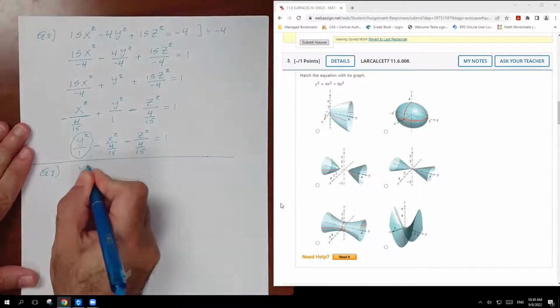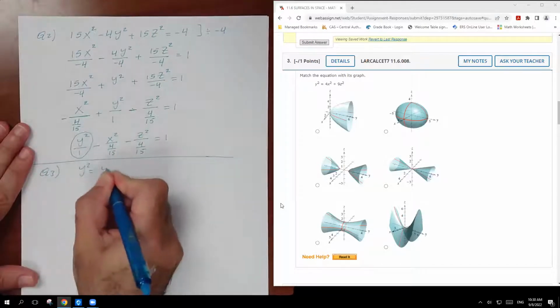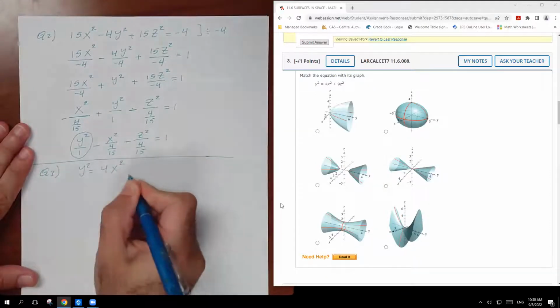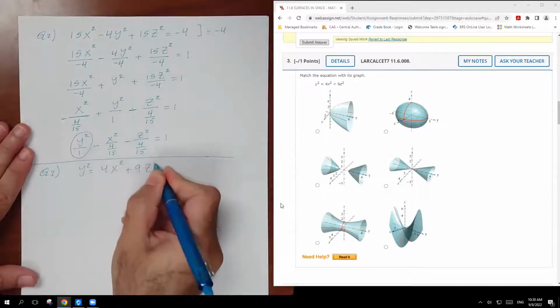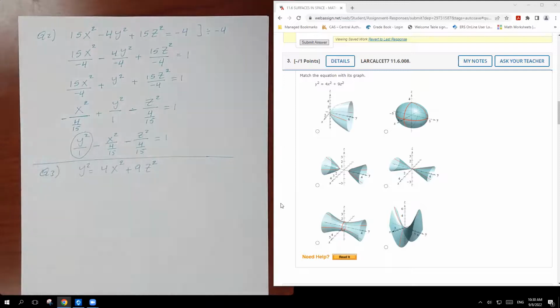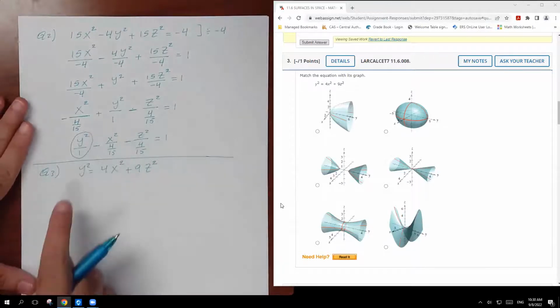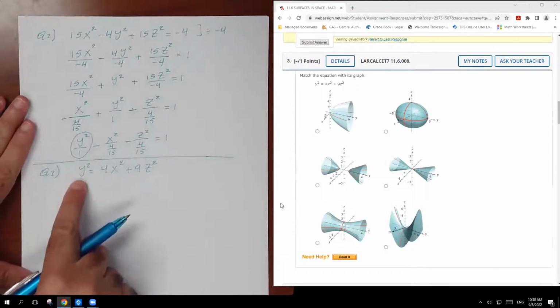Y squared equal 4x squared plus 9z squared. We're going to do exactly the same thing. The first thing, I'm going to move the y to this side.